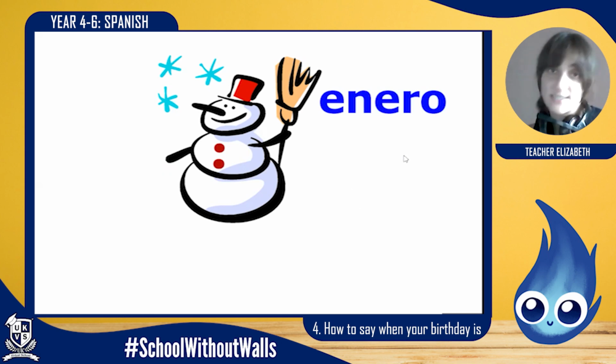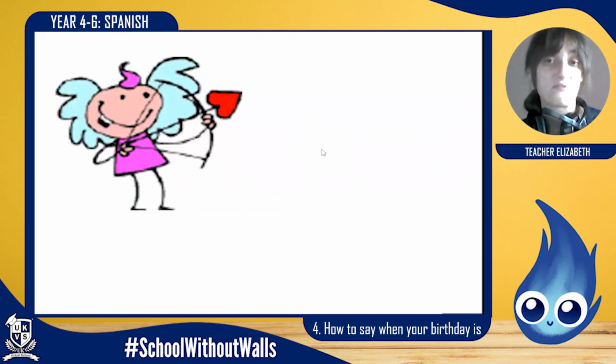Now, if you didn't take a moment to copy everything in your notebook before, please do that. Copy the months in order, okay. I'm pretty sure that the only one you will have to translate is possibly enero, because the rest of them are cognates and they're quite easy to understand. Entonces, enero, después tenemos, oh, the month where we've got Valentine's, right?